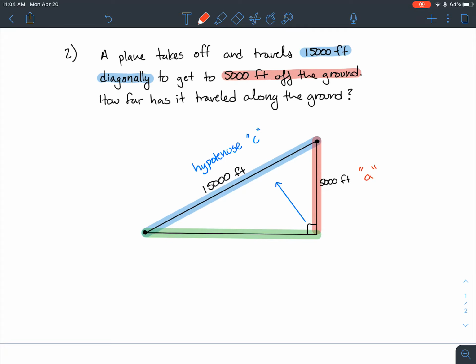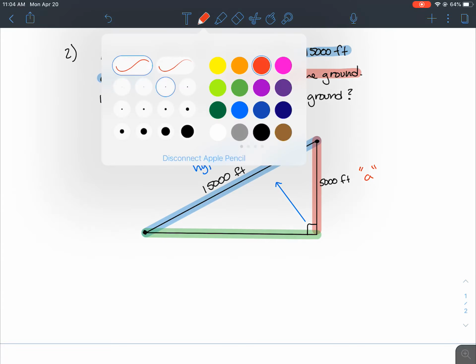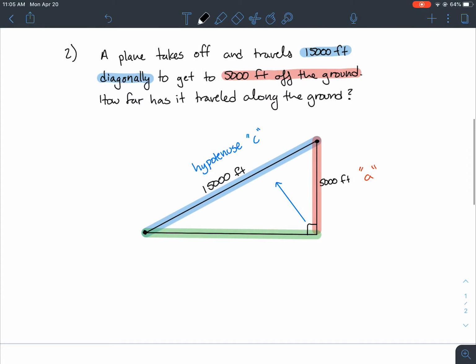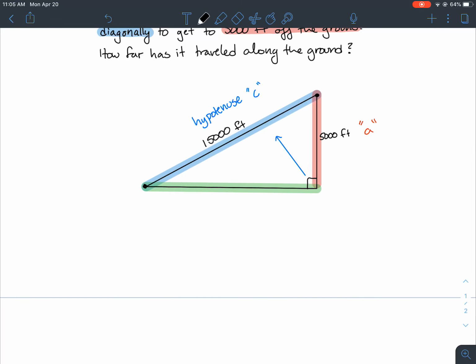Again, it doesn't matter if it's A or B, it'll still get the same answer. So you just have to choose one of those. And so now I have 5,000 squared plus B squared, because that's my unknown along the ground, is equal to 15,000 squared. And so in our calculator, we're going to go ahead and square those.